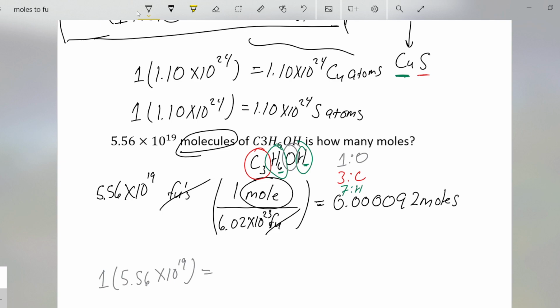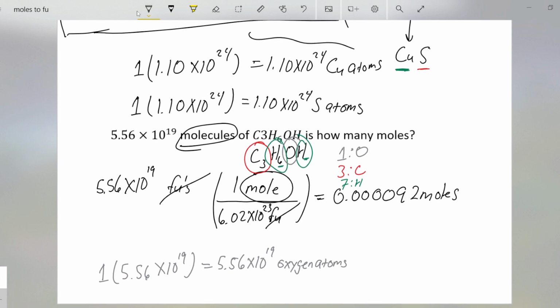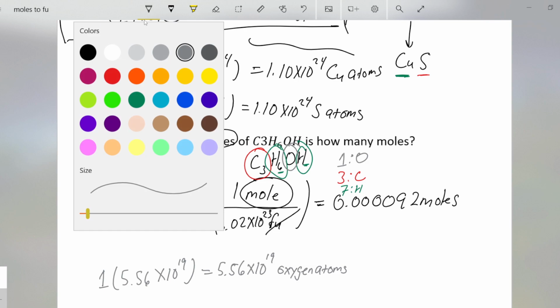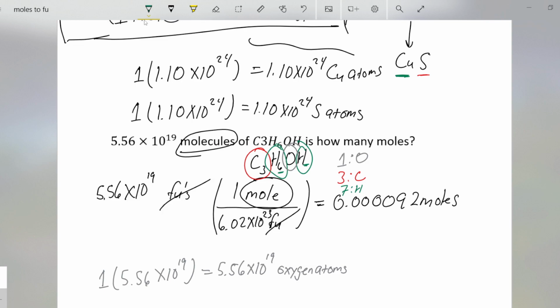And so I will have a total of 5.56 times 10 to the 19th gray balls, or oxygen atoms. I'm running out of room here, and we're going to be done anyway, so I'm just going to complete this by finishing with the hydrogens. We'll see how many green balls there are in our cups. That is 7 green balls in each cup times the total number of cups, 5.56 times 10 to the 19th.